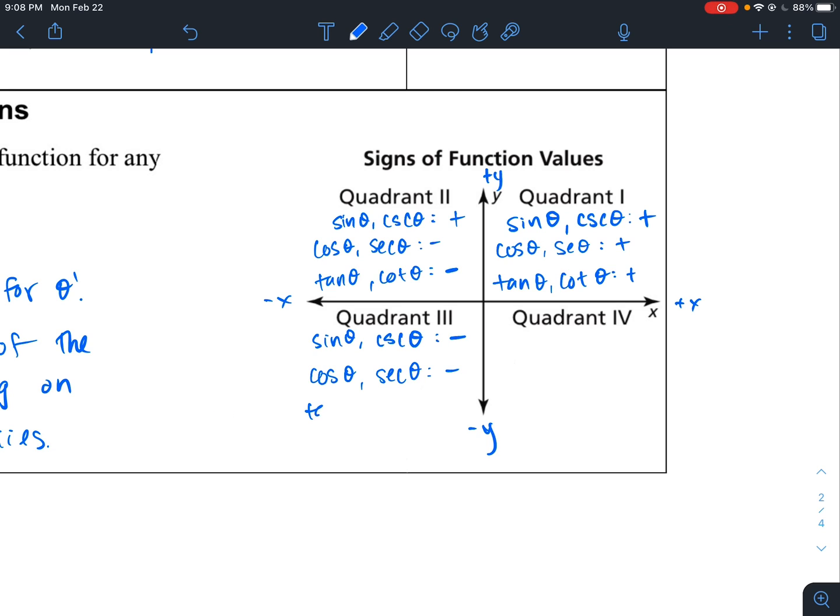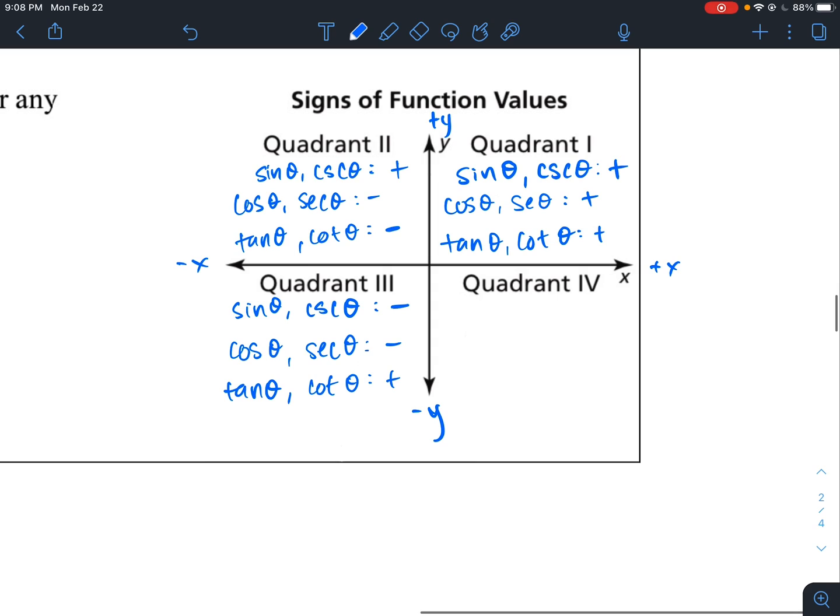And then tangent of theta and cotangent of theta will be positive because tangent is y over x, and here we have negative and negative, so negative divided by negative will be positive.